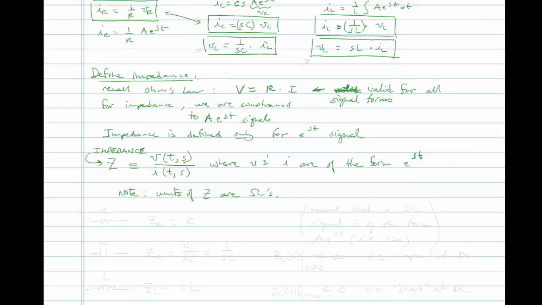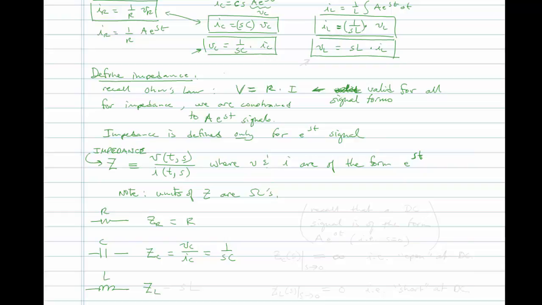So for the resistance, this is trivial. Impedance of a resistor turns out to be the same thing as just the ohmic resistance. The impedance of the capacitor is equal to, and now we have to go back to our expression, and we'll go right here, right? And we're going to do Vc over Ic, and those are going to be functions of time and s, and we find from that derivation that it is 1 over sC.